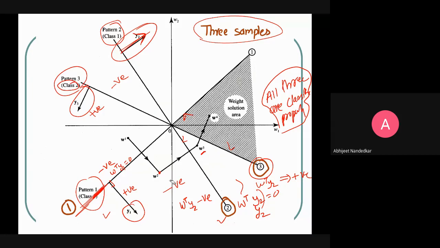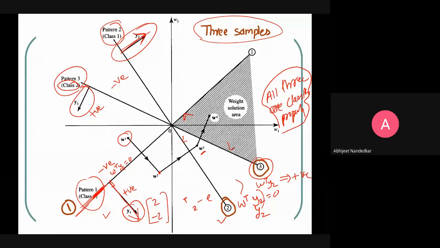Okay, just very briefly. Assume that I am standing here and first pattern is given to me, which is y1. So this is my y1. I plot suppose this y1. Say y1 is maybe say 2, minus 2.